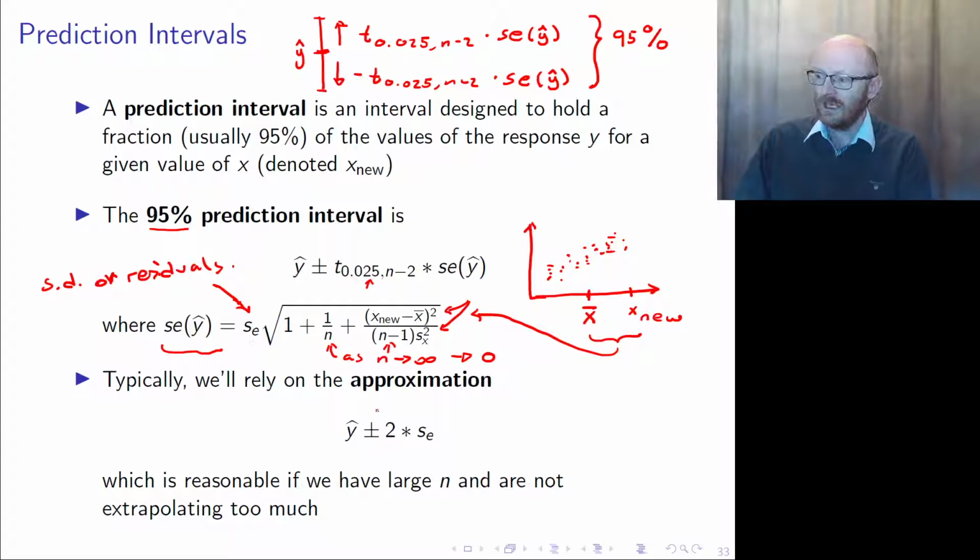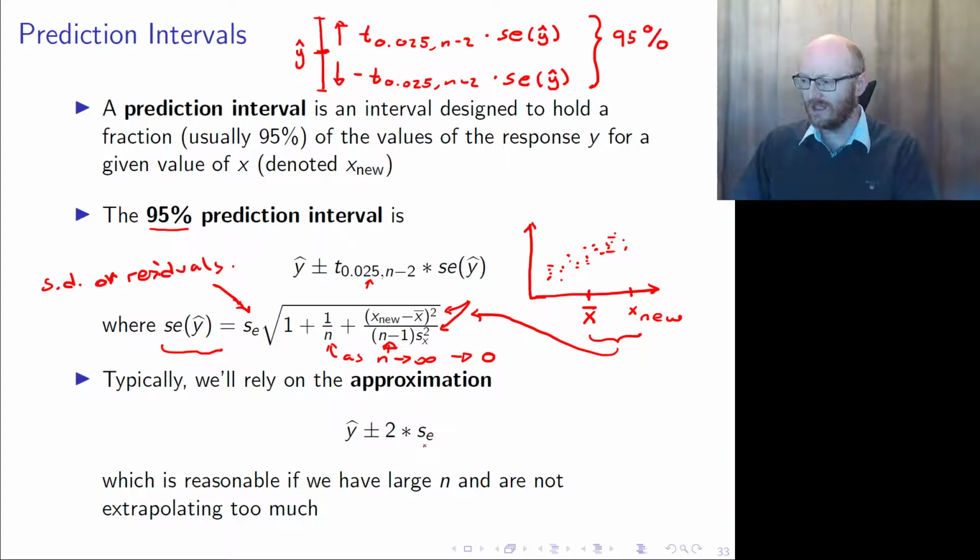But if you have quite a large amount of data points and you're not extrapolating a lot, then you can rely on the approximation of y hat plus minus 2 times the standard deviation of residuals.